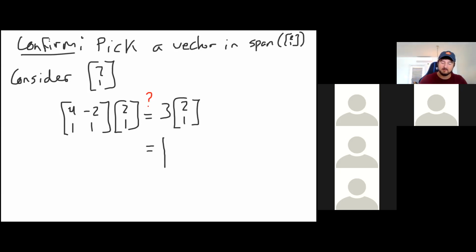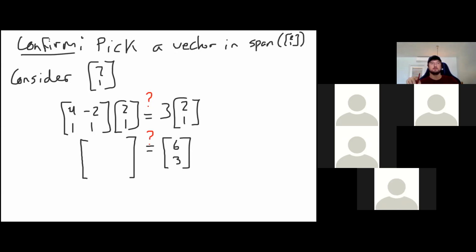I'm going to go ahead and do the right-hand side because scalar multiplication is a little bit easier than matrix multiplication. 3 times 2 is 6. 3 times 1 is 3. I'm still wondering if these two things are equal. And now I got to figure out, what is that multiplication on the left-hand side going to be? Well, remember with matrix multiplication, it has been a little while since we've done it.